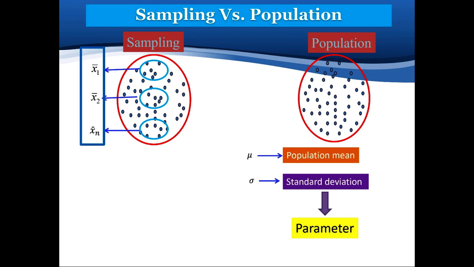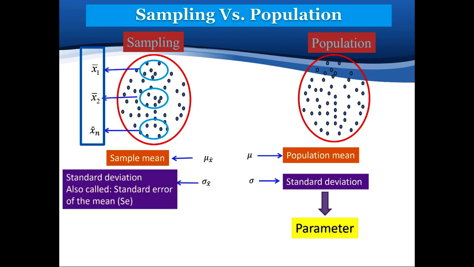Now, we only focus on all the means of each sample, and the means should have their own distribution, which we call the sampling distribution of sample mean. We denote the mean of the sampling distribution as mu x bar.